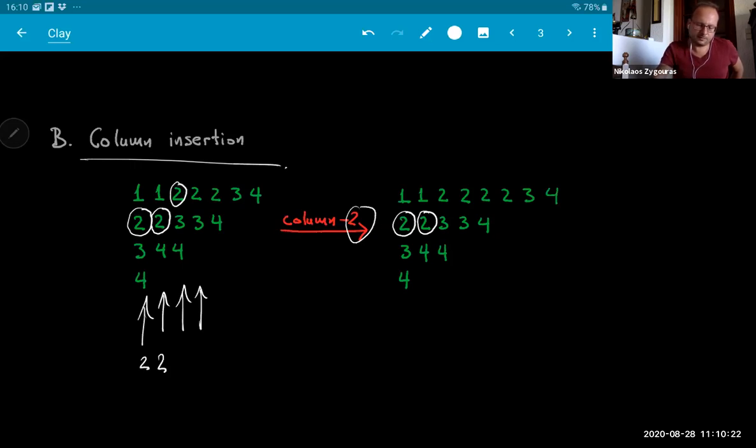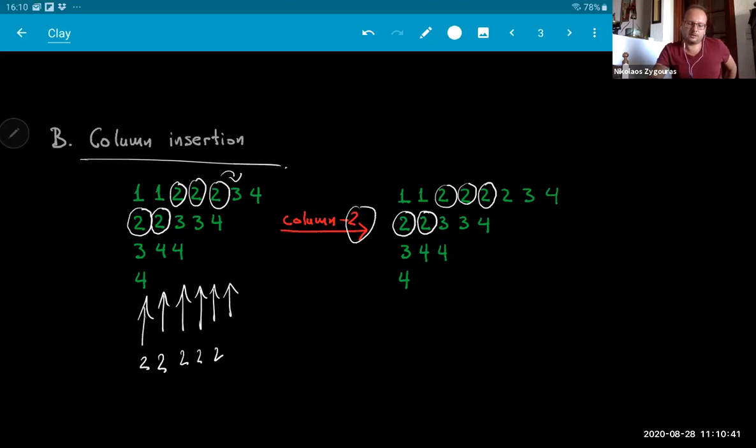Then we continue. So we follow this way. And then 2 is going to be inserted in the 5th column. Nothing interesting so far. Now the 2 that was bumped from the 5th column is going to be inserted into the 6th column. And then it replaces the 3.